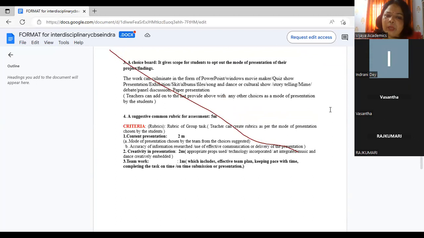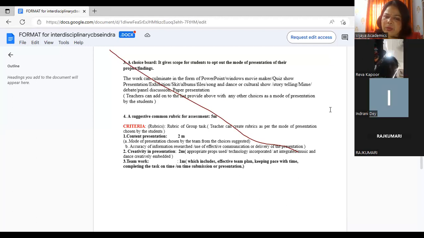The work can culminate in the form of PowerPoint, Windows Movie Maker, speech show, presentation, exhibition, skit, albums, files, songs, dance, and cultural show, storytelling, mime, debate, panel discussion, paper presentation. All these options are given by CBSE. For that particular interdisciplinary project, you can use all these options, in how the students are going to present their presentation.